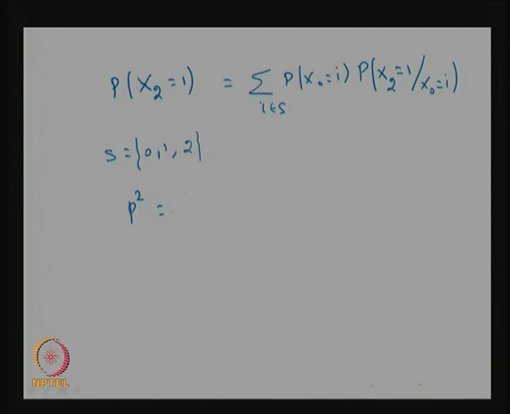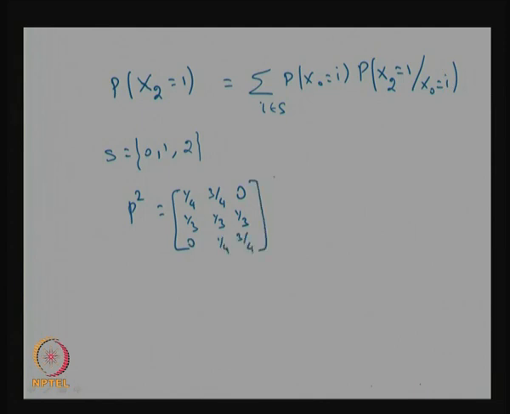Therefore, P is provided to you. So, P is 1/4, 3/4, 0, 1/3, 1/3, 1/3, 0, 1/4, 3/4.